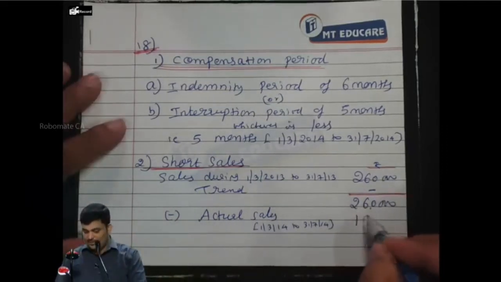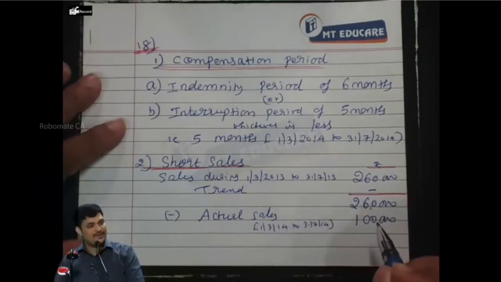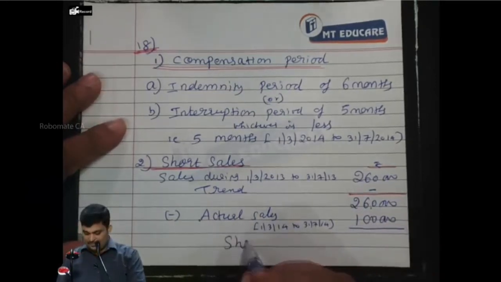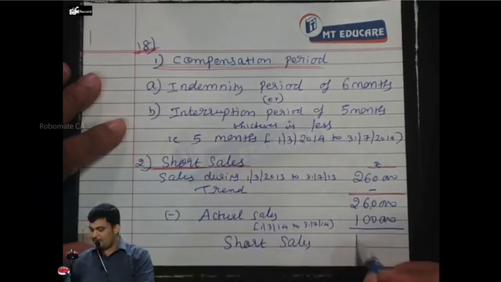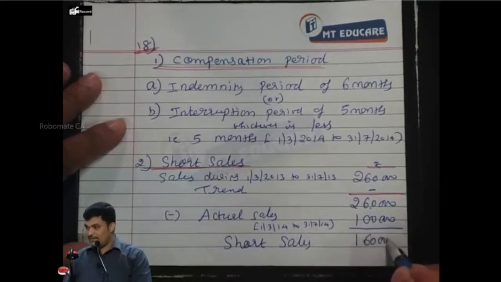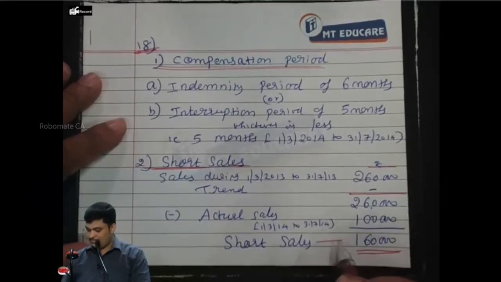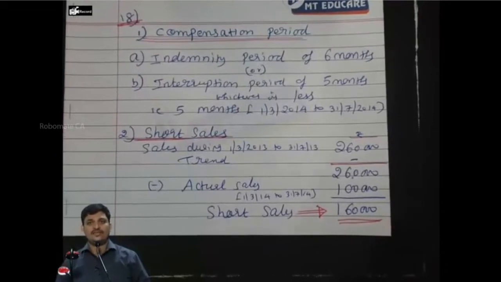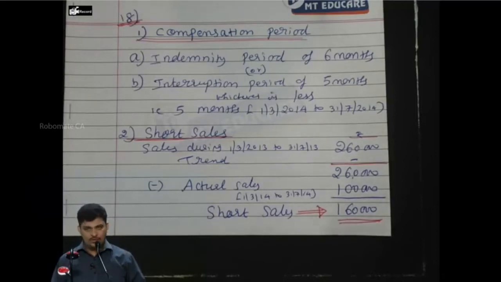So that amount I will reduce, so that I will get how much sales I have lost. Short sales: 1,60,000. Don't add. 1,60,000 is the short sales. Everybody? Yes, sir. Okay.